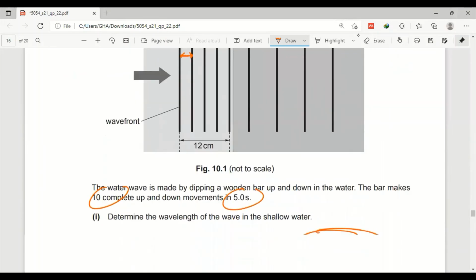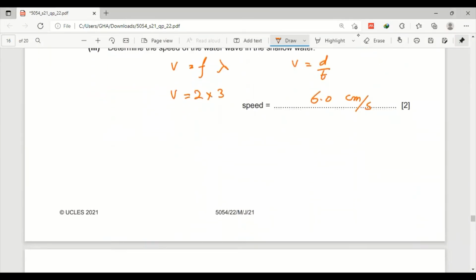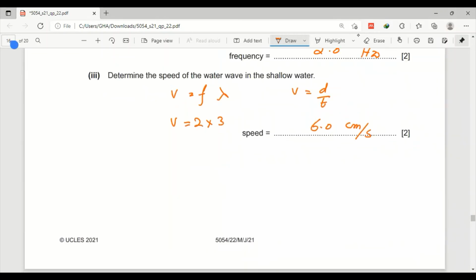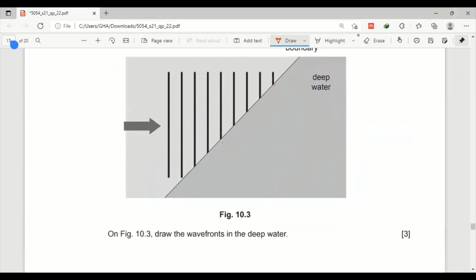So according to refraction, when the speed increases, the wave bends away from the normal. So we will follow this rule. Suppose this is the incident line. This is the normal. So it bends in this direction. So we have to draw a line like this.